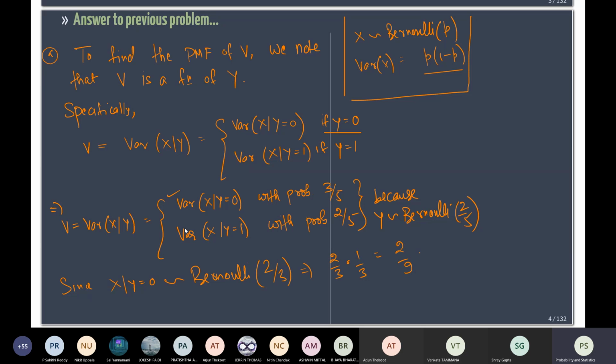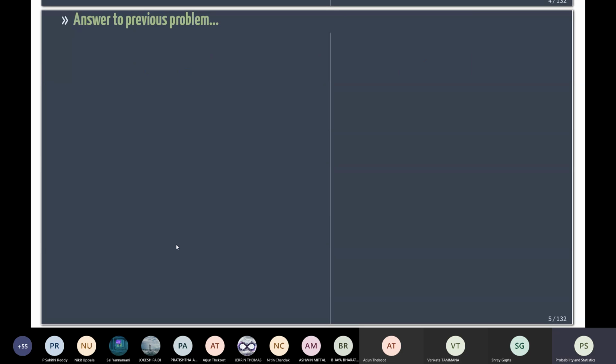So the variance of X given Y equals 1. Let us see what X given Y was.